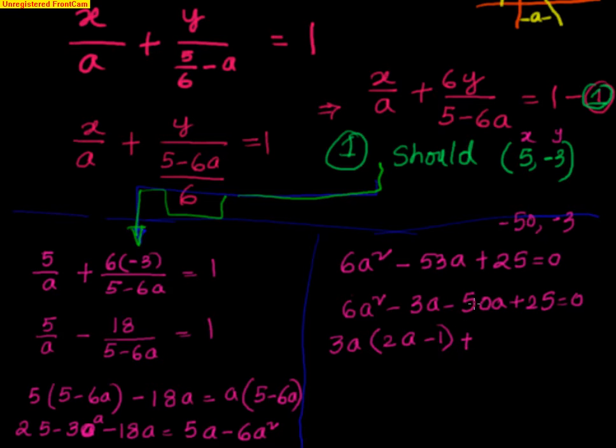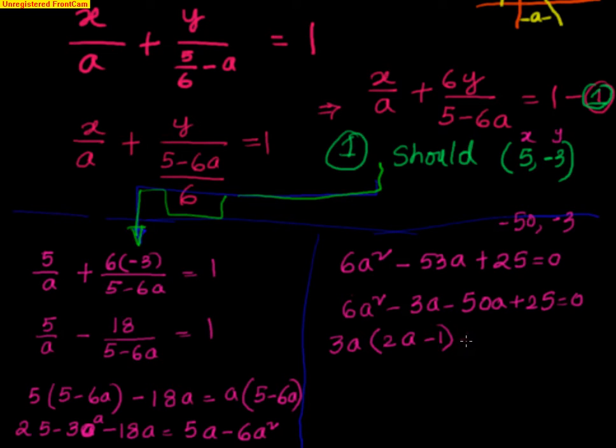If I have to get 2a out, I should take 25. Let me just erase this. I just want to take 2a minus 1 common here. I am not doing anything else.